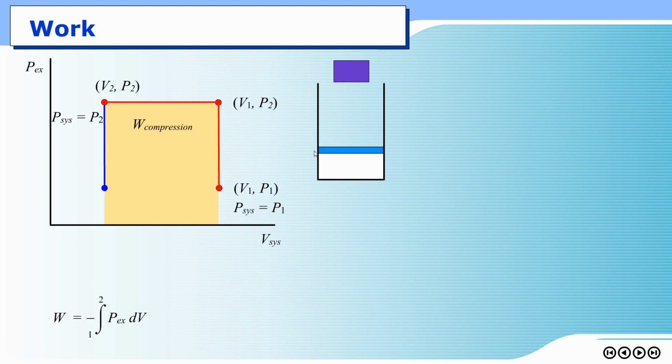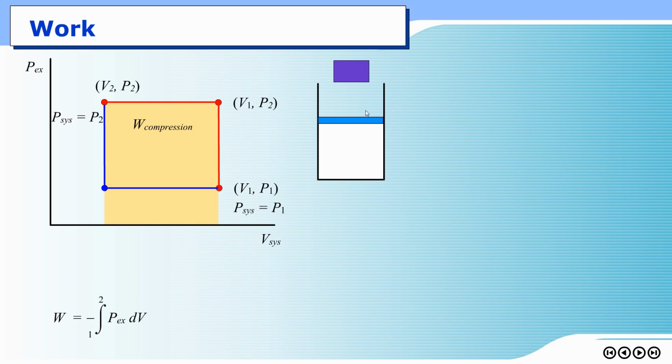But since the piston has friction, it doesn't move right away. So the volume of the system remains at V2 at this point. But eventually it starts moving upward because inside pressure is higher than outside. It moves upward until the pressure in and out of the system are the same.